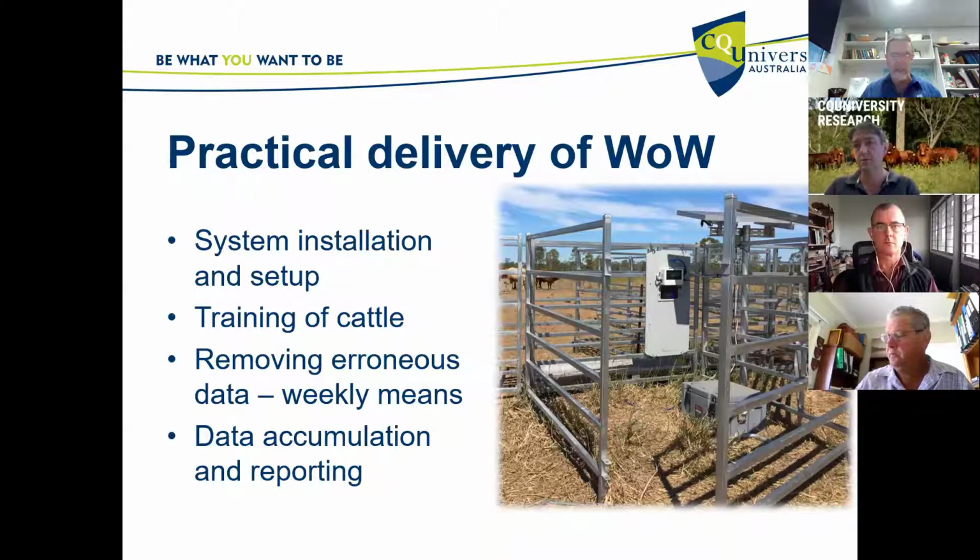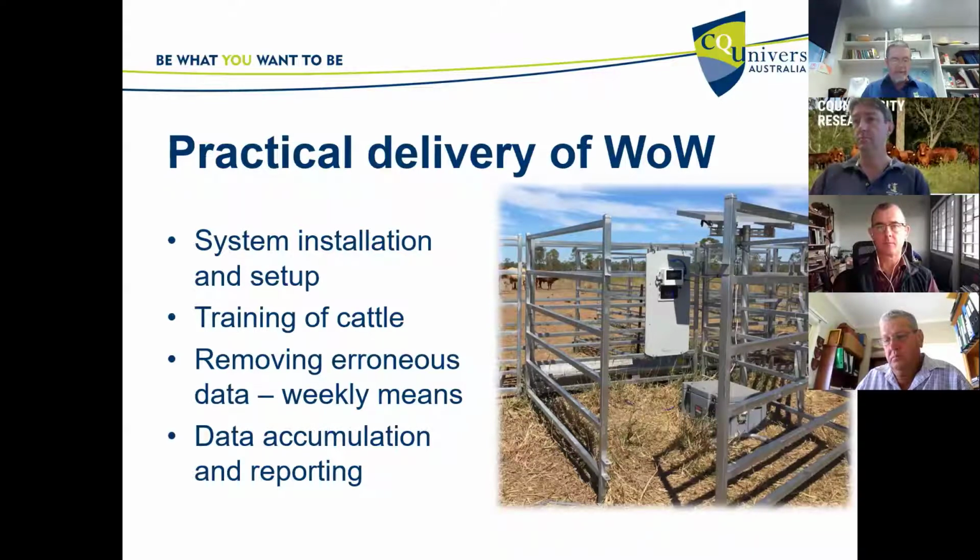There's some training that needs to be put in so that the cattle become used to the system. In some of the research herds, ideally we've been looking at paddocks with a single watering point and training 40 to 100 head of cattle through the systems.